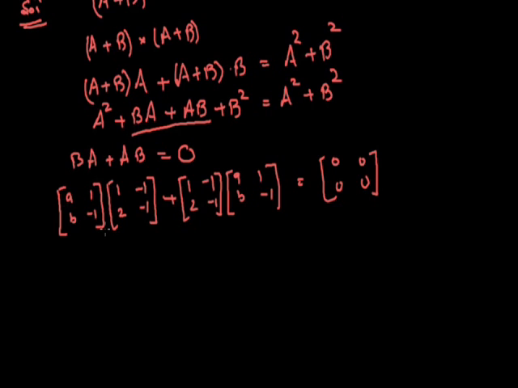Now solve this matrix. The first row gives a into 1 is a, plus 2, then minus a, minus 1. Then b minus 2, and minus b plus 1.